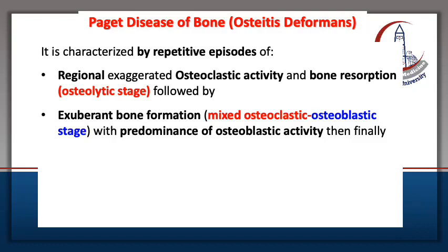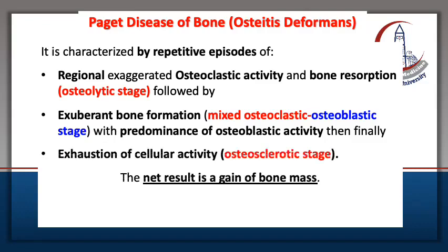So in this stage there will be a mixed osteoblastic activity. But what is the predominant? Osteoblastic activity is predominant, and thus more bone formation will overwhelm the osteolytic activity of osteoclast.